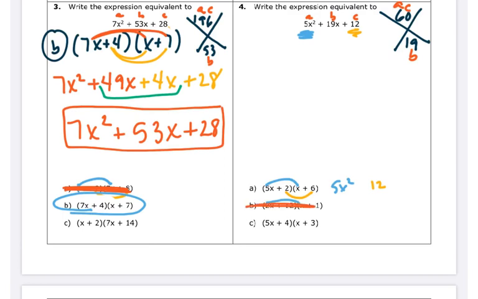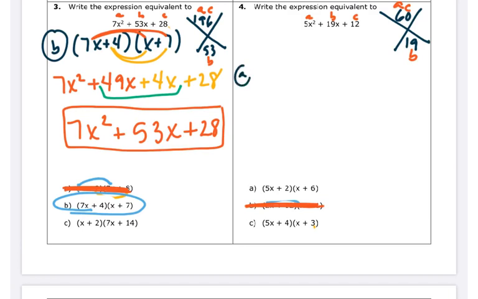So the answer is not B, because the fronts would not multiply to make that front. Let's try C. 5 times 1, yep, that's 5. 4 times 3, yep, that's 12. So check front times front and back times back. So unfortunately, both A and C could be the right answer.